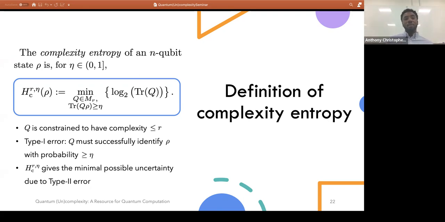If you make that sigma equal to the maximally mixed state, assuming maximal ignorance of the referee, then it reduces to this form. So here the complexity entropy can be defined like so, but I really do think it is useful to think in terms of a complexity relative entropy in order to understand that implicitly there is some hypothesis testing notion going on here.